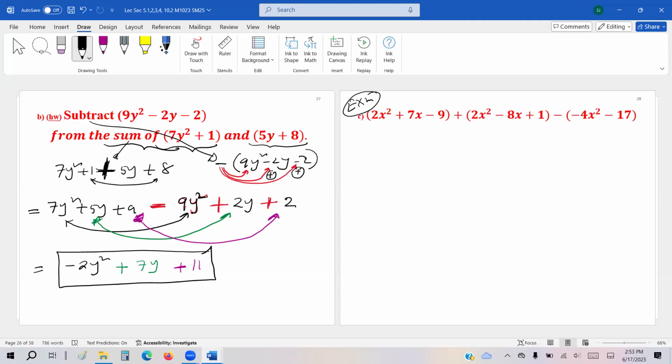Ready? Based on the exponent, you combine the coefficients.